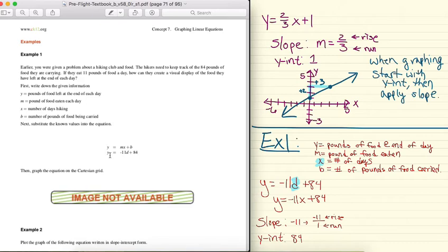So I need to draw my grid off to the side here. Now I'm drawing a really big positive y-axis because I have to make it to 84. So I'm not going to be able to go by ones, but I might be able to fit going by like 5s or 10s.